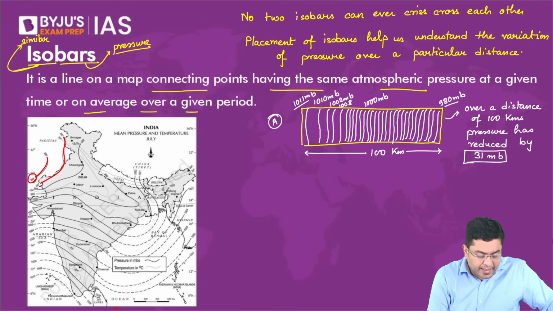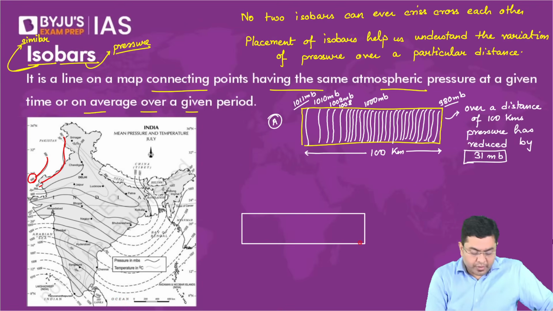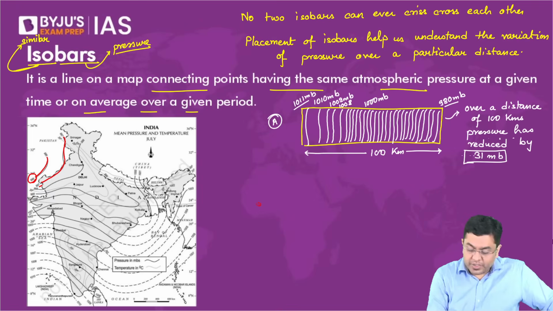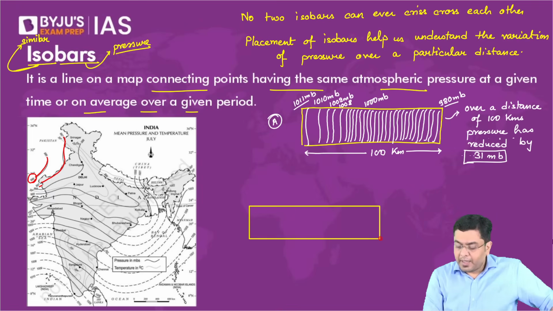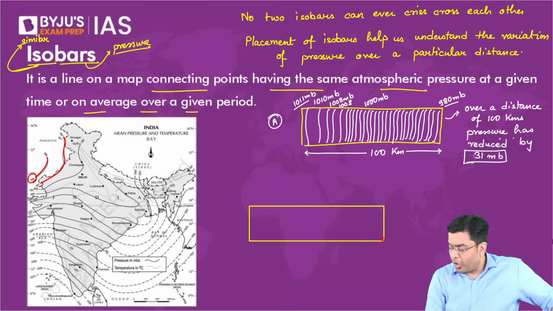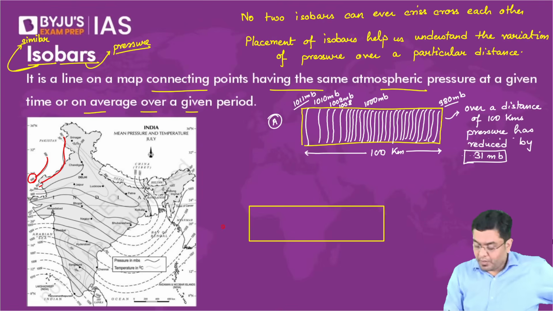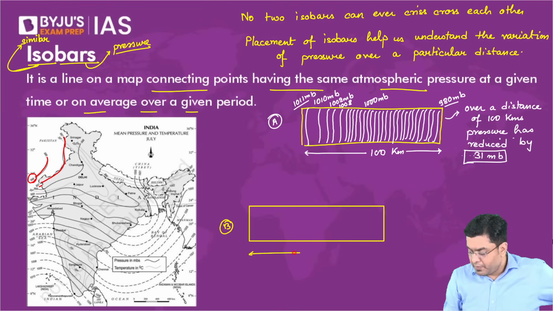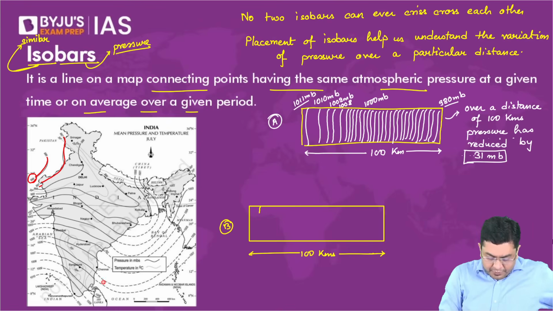Now let's take another similar example, a region B, again over a distance of 100 kilometers. Here the isobars are spaced apart from each other, with a significant amount of distance between them.